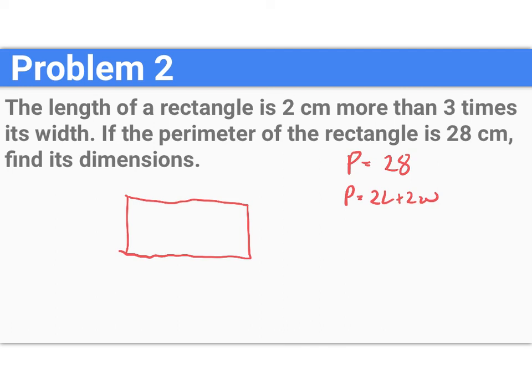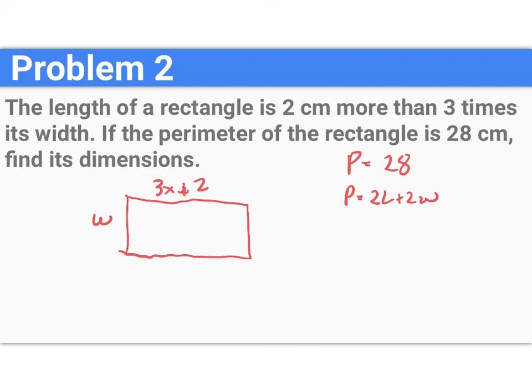That's a standard equation to find the perimeter of a rectangle. So it's 2 centimeters more than 3 times its width. If the width is x, the length must be 3x plus 2.